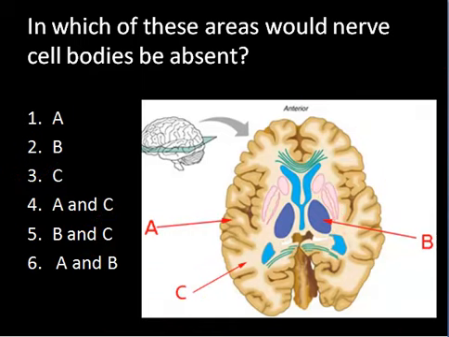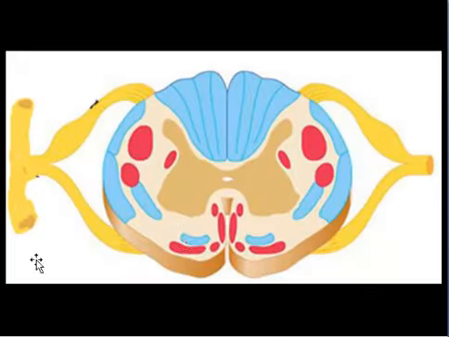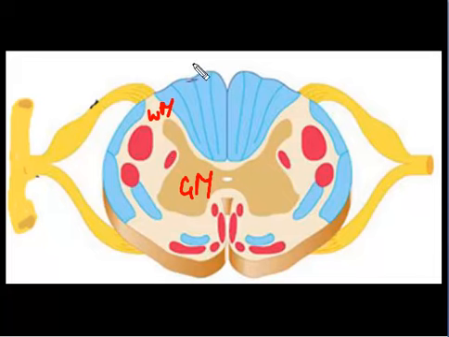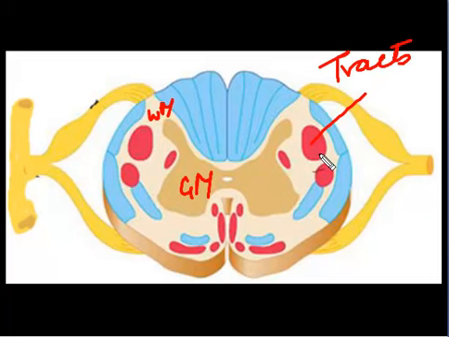And just to show you the same thing in the spinal cord, you'll notice that the gray matter in the spinal cord is now on the inside. So you see, this is all the gray matter, and this area is the white matter. These little things here appear to be nuclei, but actually these are called tracts, and you will learn more about them in the spinal cord. These are also just collections of axons, which are known as tracts.